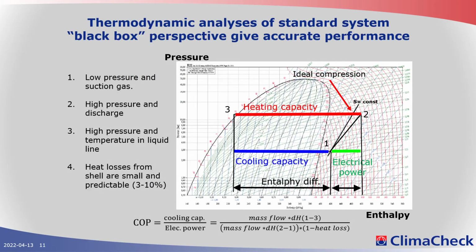So I can, of course, look at the data in the pressure enthalpy chart, but actually this is mainly good for my understanding of the process, especially if I have more complex processes.